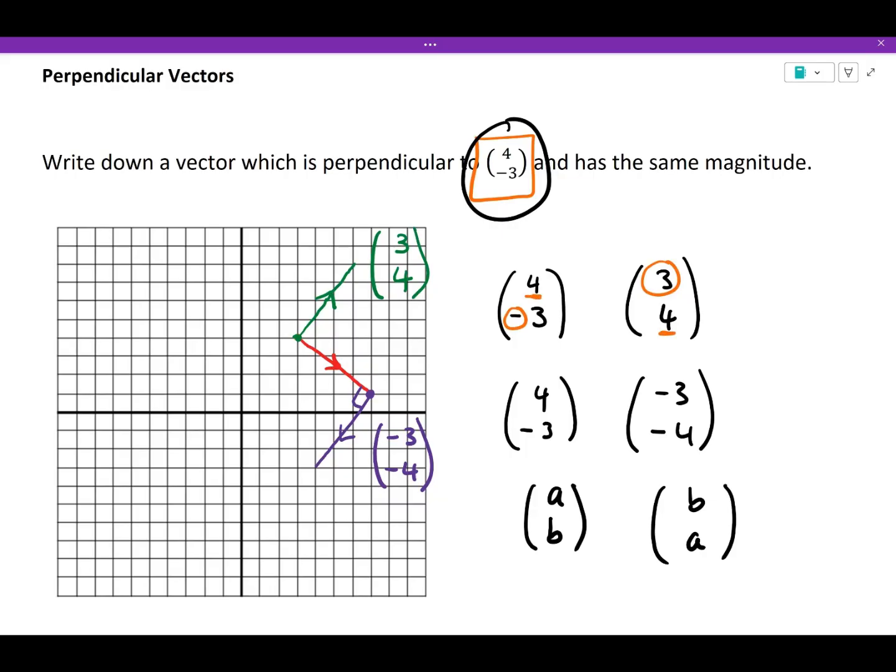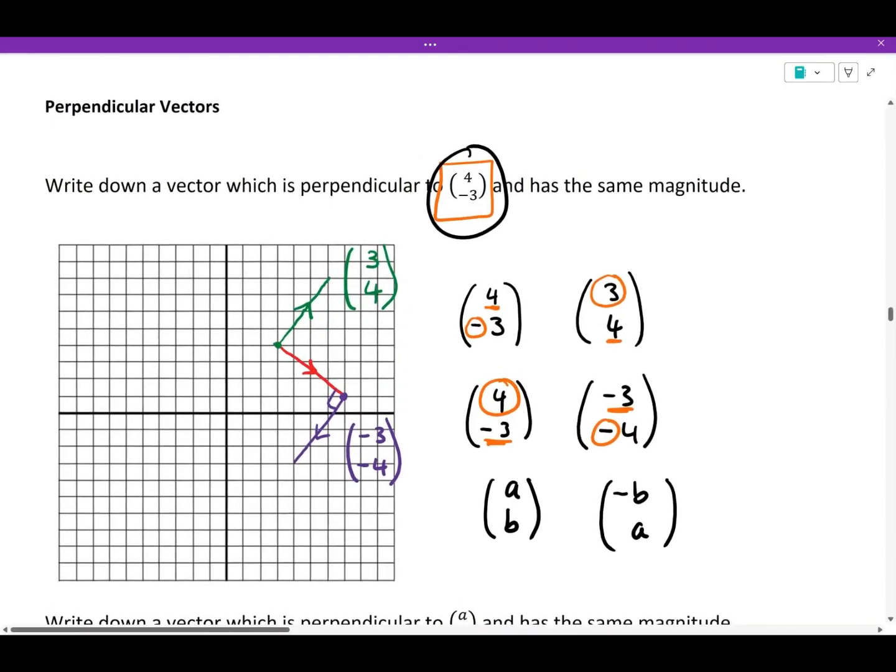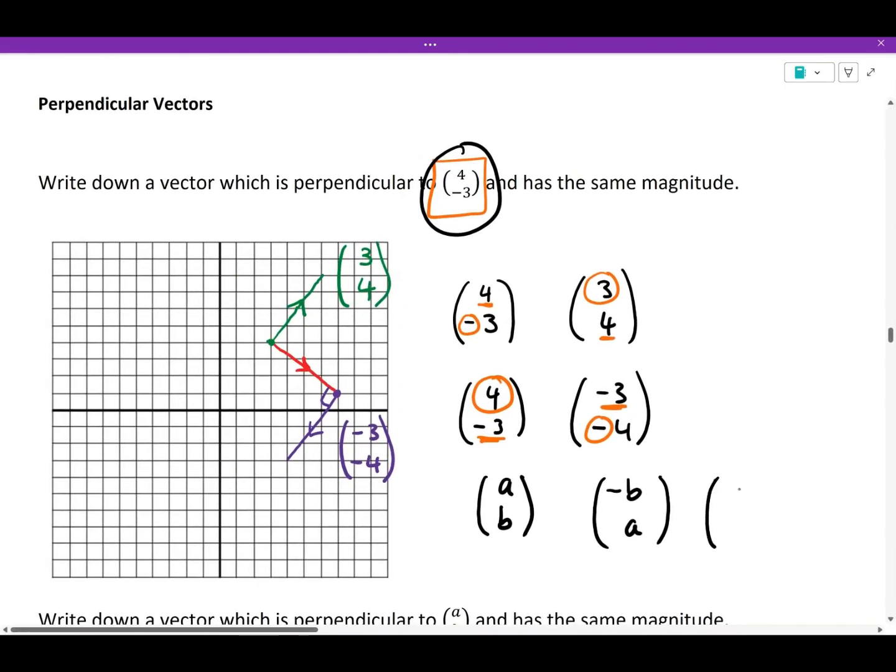Then for the other one, you can see that the signs of the -3s have stayed the same, but then we've got a positive 4 here, but a negative 4 there. So essentially, we've swapped the components around, and then we've changed the sign of one of them. In other words, we multiplied one of them by -1. So our perpendicular vector to (a, b) could be potentially (-b, a), or alternatively, I could multiply the a by -1, so it could be (b, -a). They're your two options.